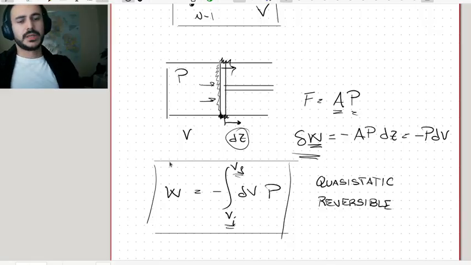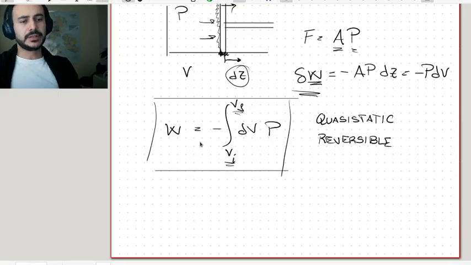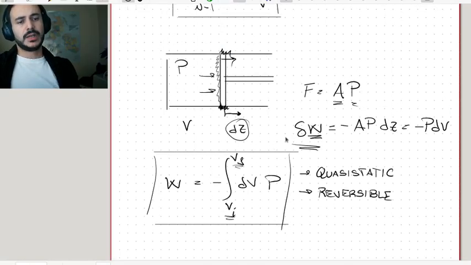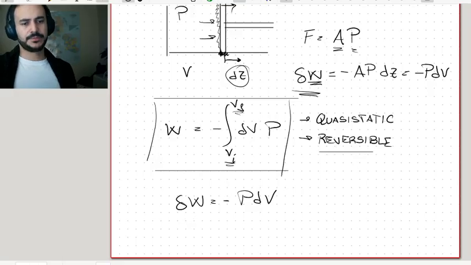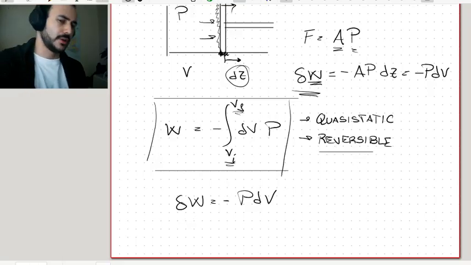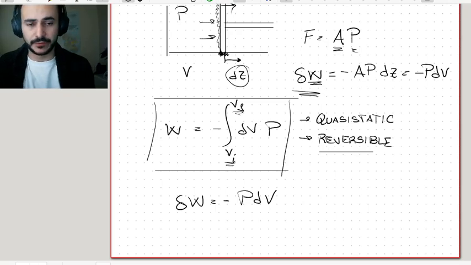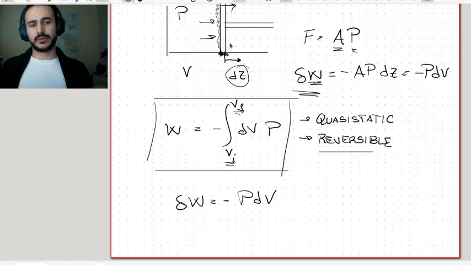So we are implicitly assuming that this pushing process is reversible. It's not just a quasi-static formula, it's actually reversible. So whenever I write this expression, minus P dV, I'm thinking about an infinitesimal reversible process. That's going to come back in the course several times, and I'm going to emphasize it whenever it comes because it's an important distinction to make.